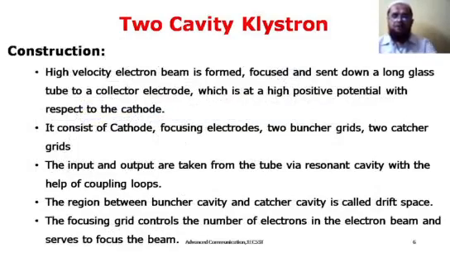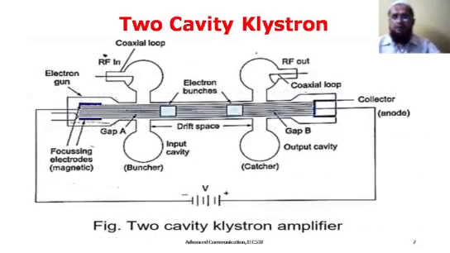The focusing ring controls the number of electrons in the electron beam and serves to focus them. The main function of these focusing electrodes is to guide the electrons to flow in one particular direction. Since it is a vacuum tube, electrons may drift, each having its own path.